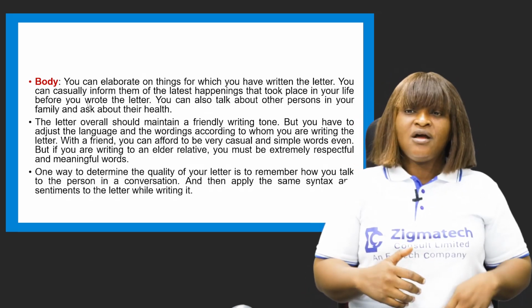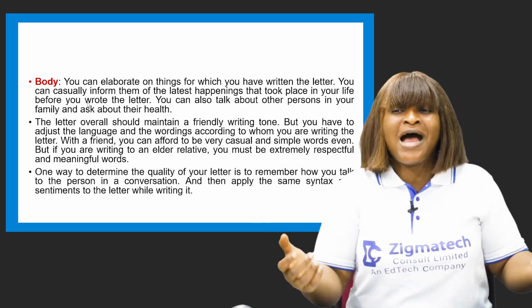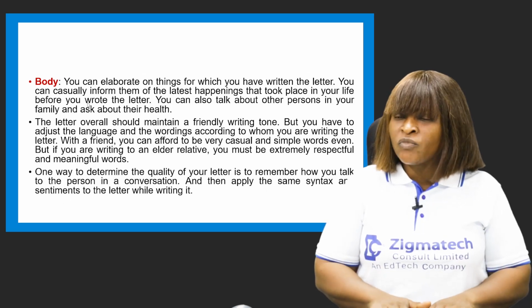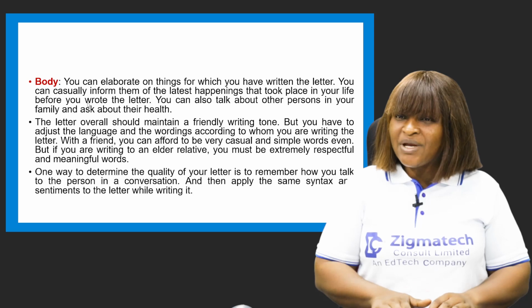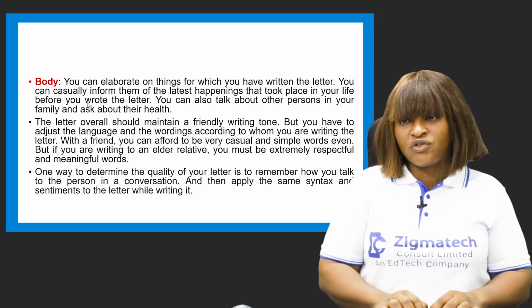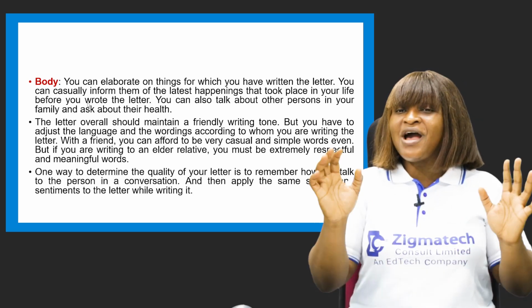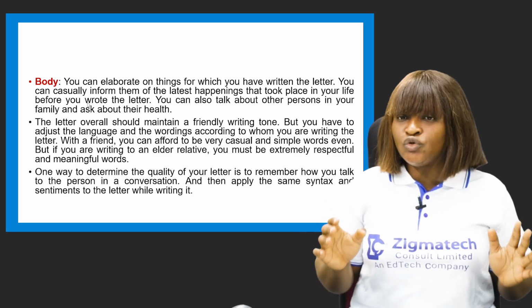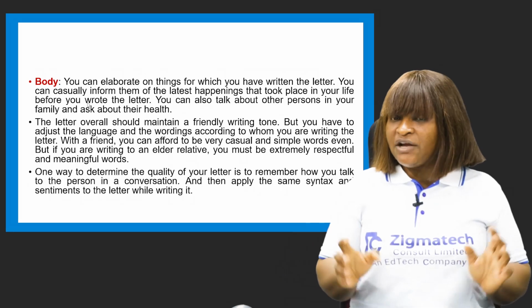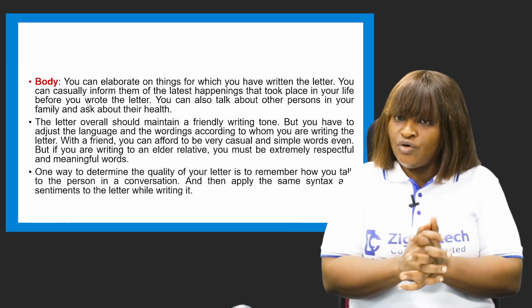Do not say that because you are at liberty to write a variety of things, you begin to write even the one you were not asked to write. That would be very wrong. So once you're asked to write an informal letter, the examiner tells you what to write on. Limit whatever you're writing to what you are asked to write on. If you are asked to write to your friend, notifying your friend of 5 things or 3 things you intend to do to keep yourself busy in this Christmas period, definitely you will have to write within that thing you're asked to write on.